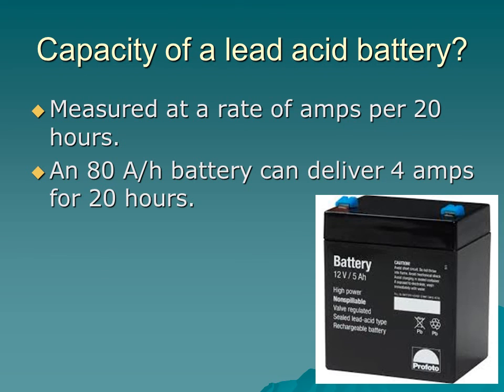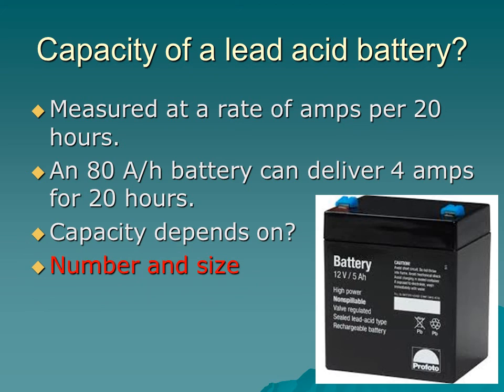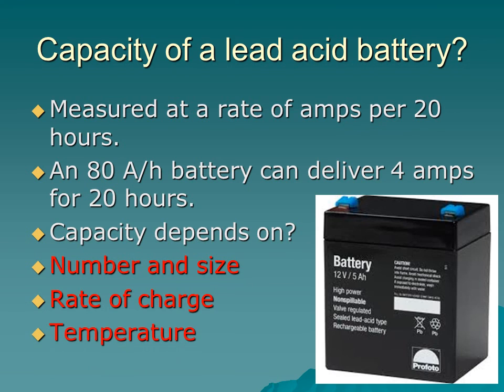The capacity depends on the number of amp hours and the size of the battery, the rate at which it can charge, the ambient temperature, and also the age and condition of the battery.